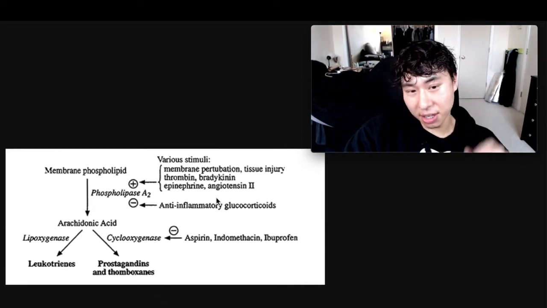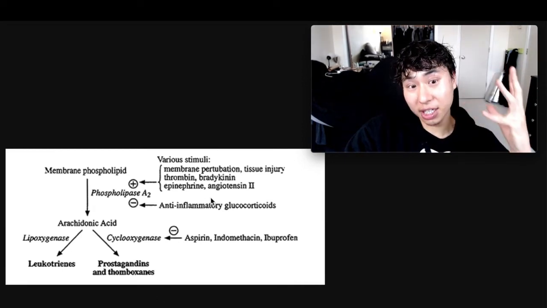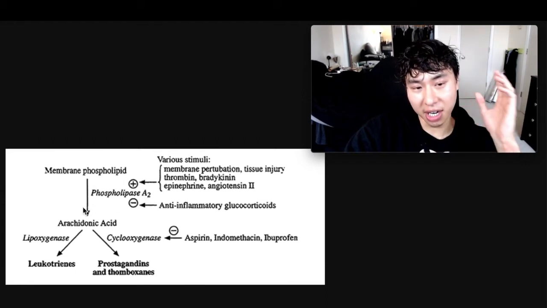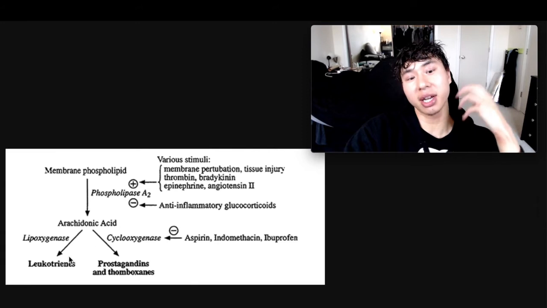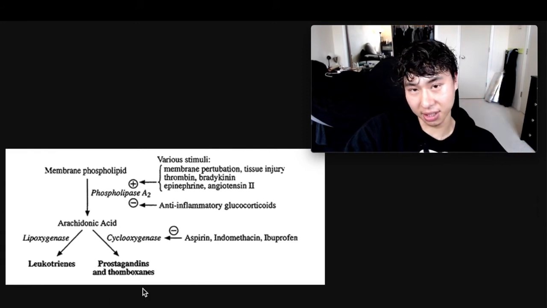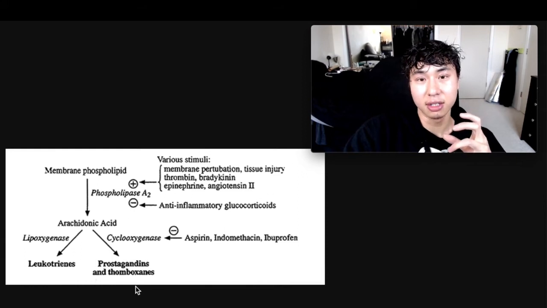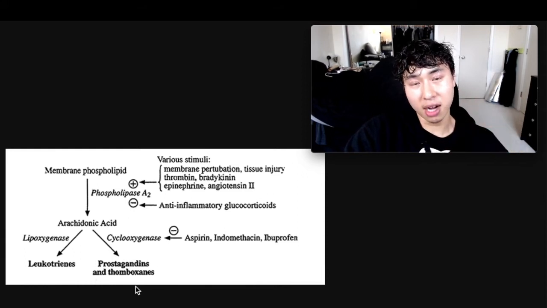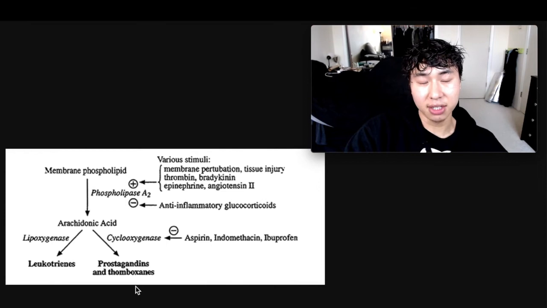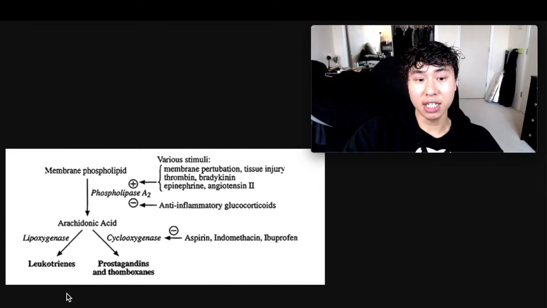An outside stimulus upregulates or increases more phospholipase A2, which upregulates arachidonic acid, which upregulates leukotrienes and prostaglandins. Now, leukotrienes and prostaglandins are involved in the immune response and the inflammatory pathways, and a normal amount is good because it helps activate the immune system and helps you fight off bad pathogens and bacteria and viruses.